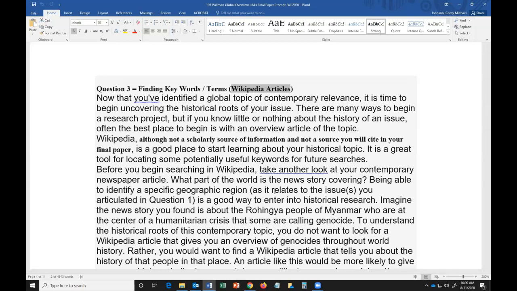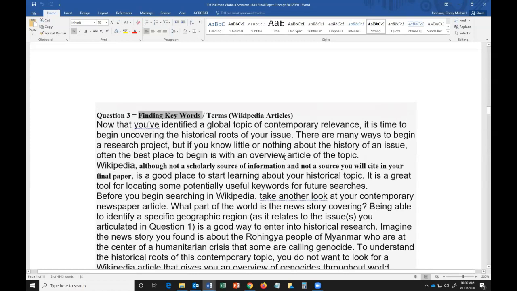The point, if your instructor asks you to go to Wikipedia, is to find sets of keywords, as it says right here in the title of this question. Find some good keywords. You won't ultimately be citing Wikipedia in your paper, but again, Wikipedia can be a good place to get encyclopedic information and good background information and keywords. Your instructor in LRA 1 also might ask you to find some specialized encyclopedia entries as well.